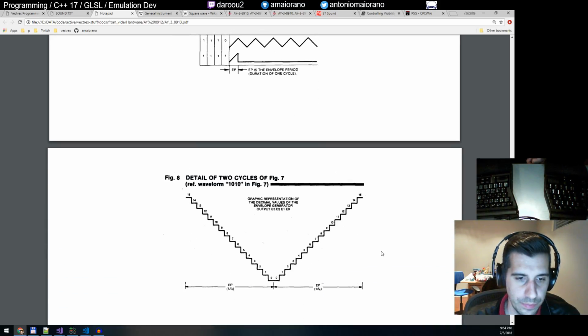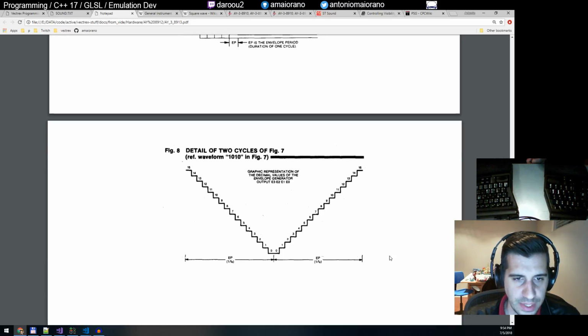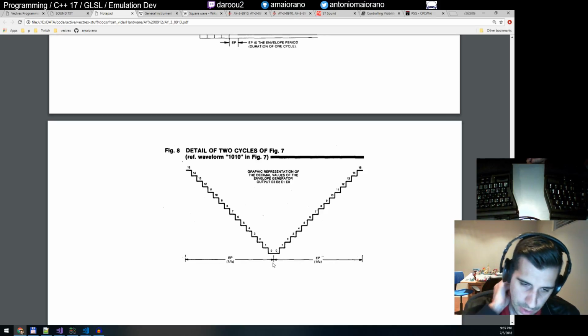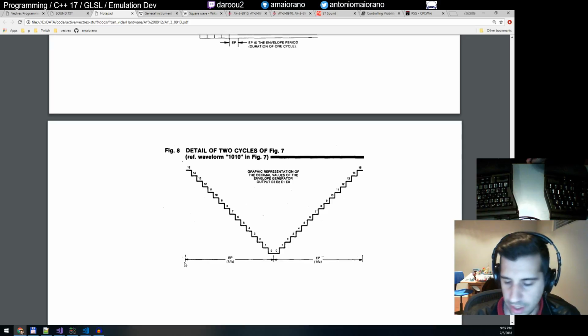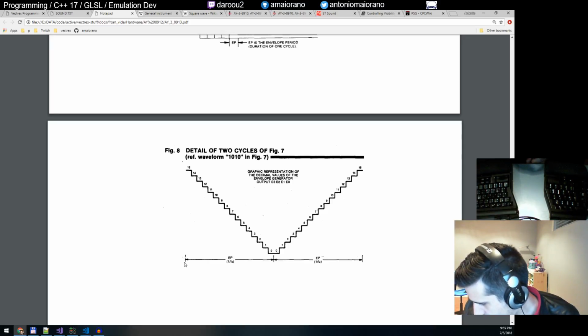Detail of 2 cycles. Right, so one cycle of the timer, okay, oh, that's interesting. Yeah, all right, that makes sense.